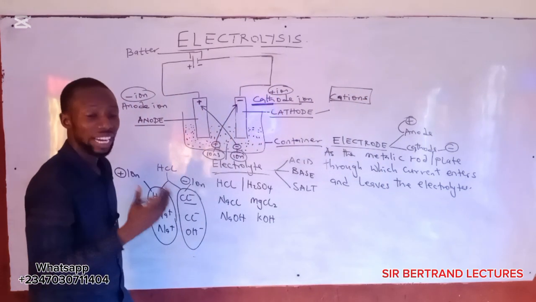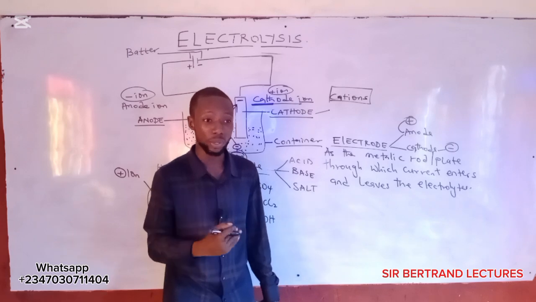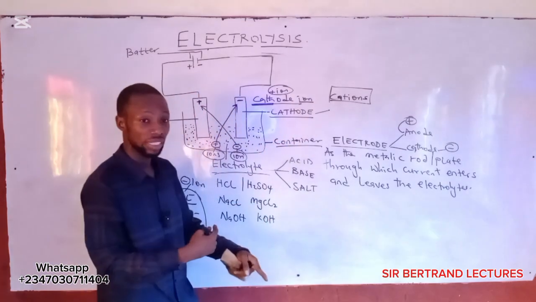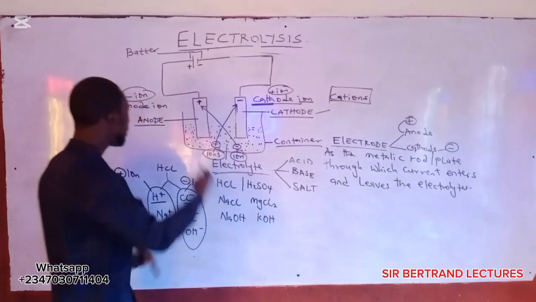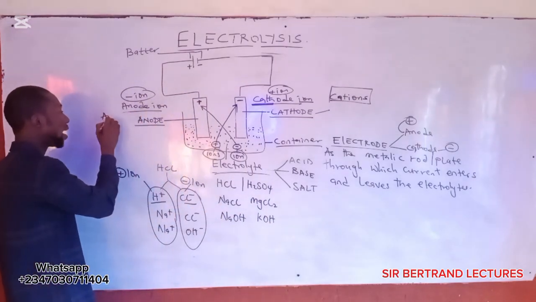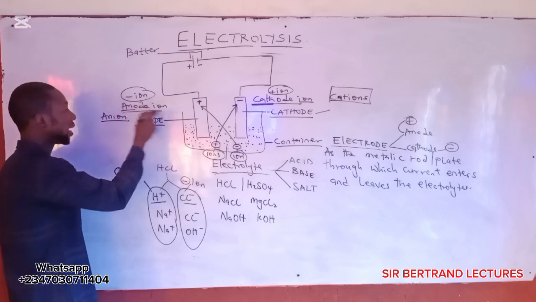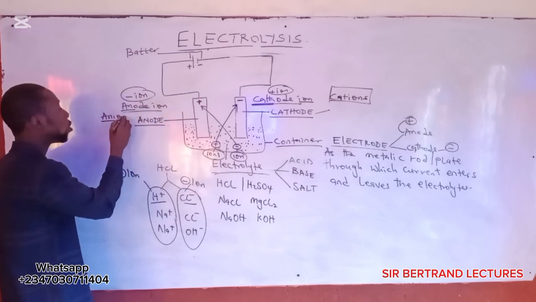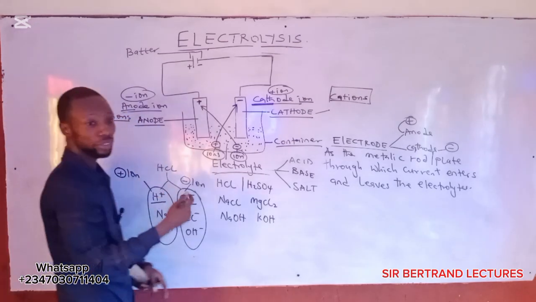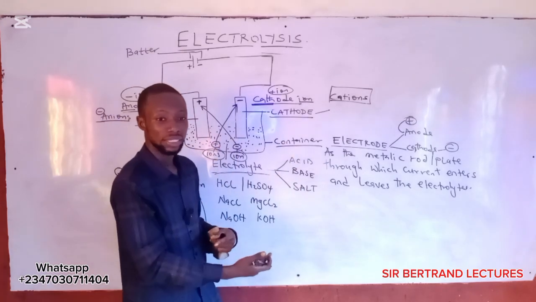That is why cations are described in your textbook as the positively charged ions that migrate towards the cathode during electrolysis. Then anions: from anode, the ion is attached to the an to form anions. And anions are the negatively charged ions that migrate towards the anode during electrolysis.